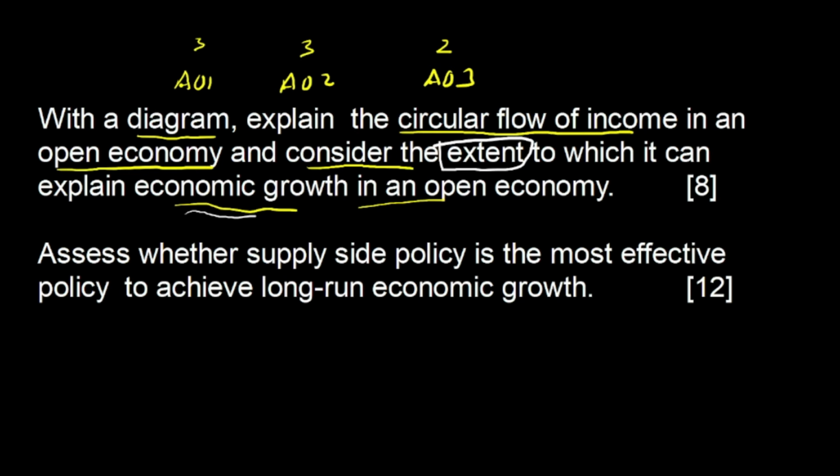Then as a summary, you will have to conclude this. You can say that as per the above discussion, in conclusion, the circular flow of income in an open economy illustrates the interdependence between different sectors, such as households, firms, and the government, different economic agents. You can use the word economic actors as well.